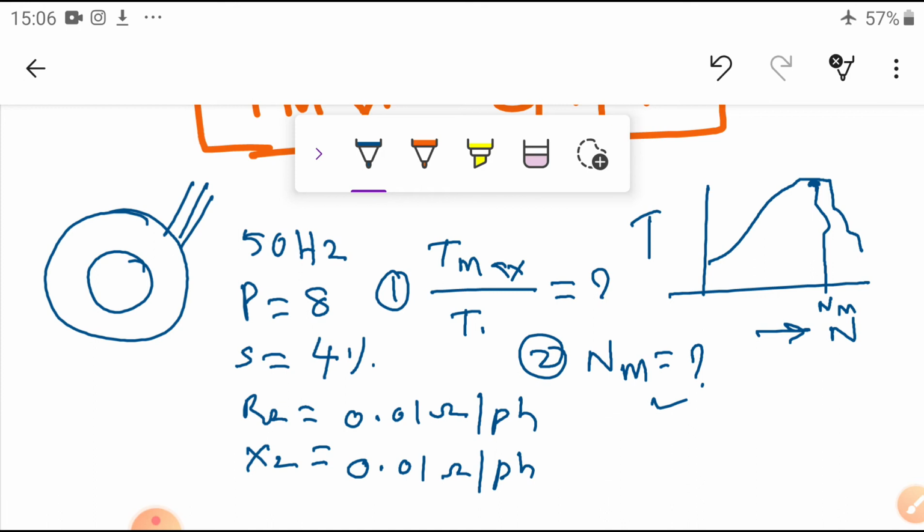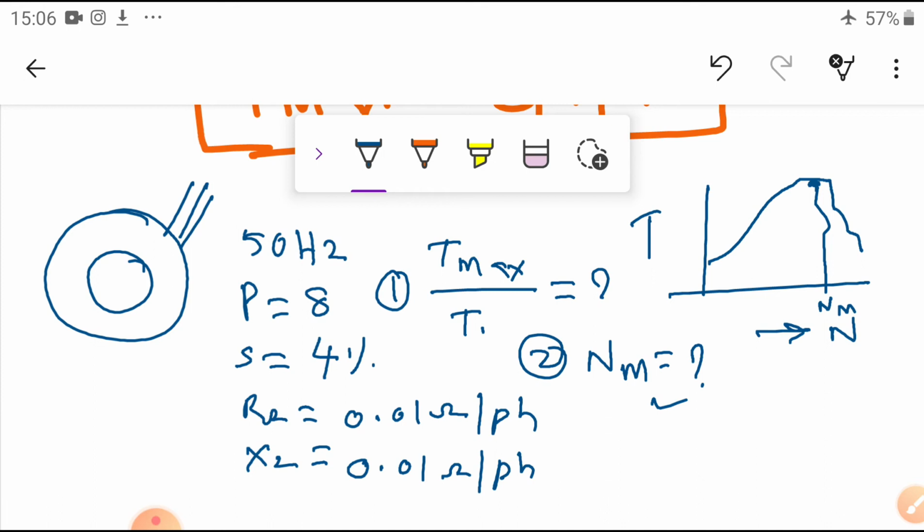The rotor resistance and reactance are 0.01 ohm and 0.01 ohm per phase respectively. Find the ratio of maximum to full load torque and the speed at which the maximum torque occurs. Dear students, based on these given factors, I am going to calculate.